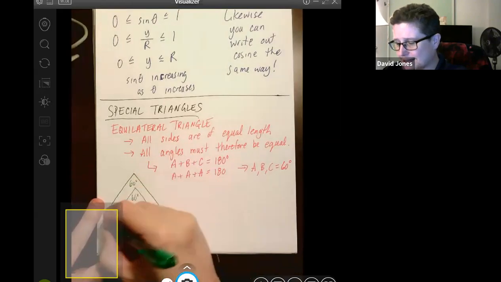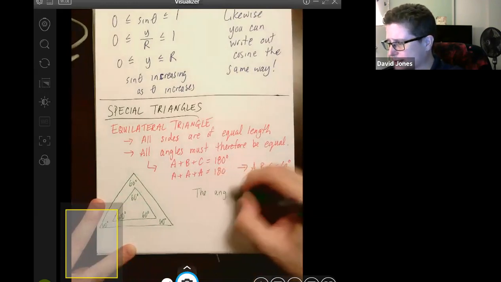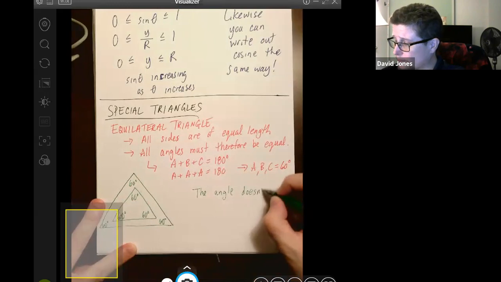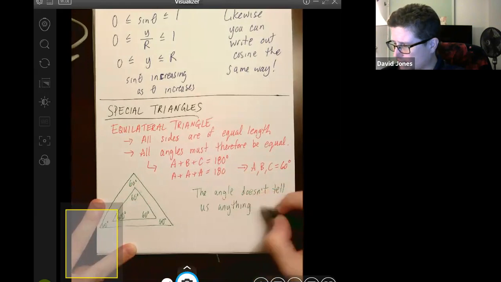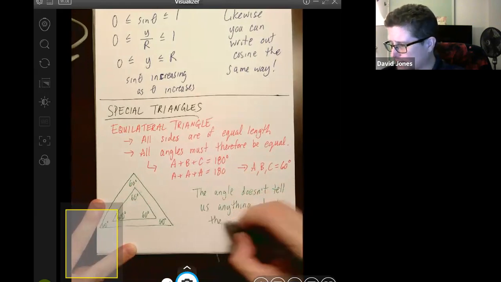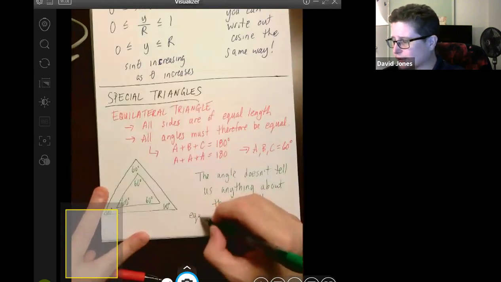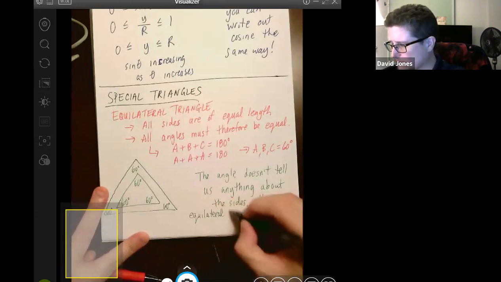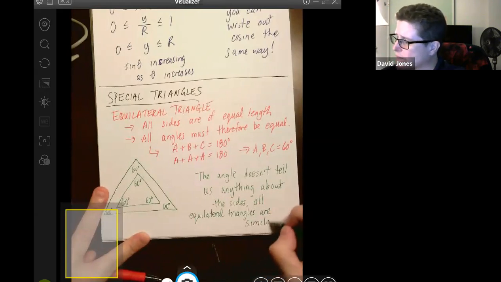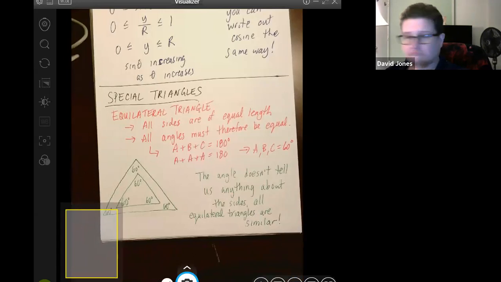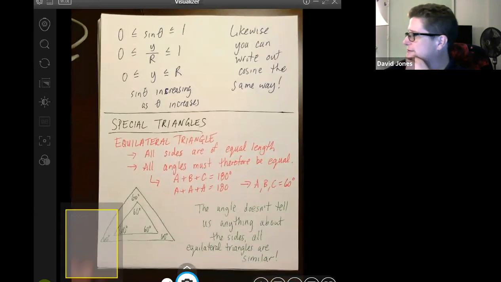Also 60, 60, 60. So here, the angle doesn't tell us anything about the sides. All equilateral triangles are similar. Fun. That's fun. I'll pause it, let you write it down.